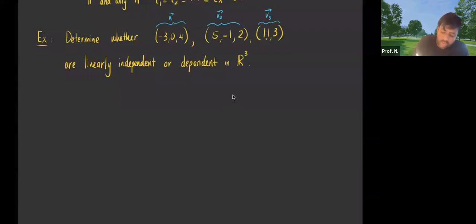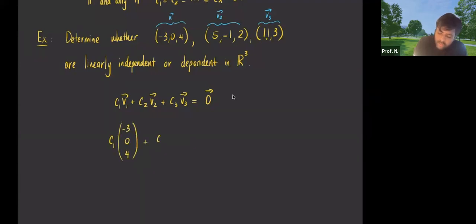So what we normally do is we set up the same kind of equation here. We want to see what happens when we set up this linear combination of v1, v2, v3. So this will look like C1 times (-3, 0, 4) plus C2 times (5, -1, 2) plus C3 times (1, 1, 3) equals (0, 0, 0).